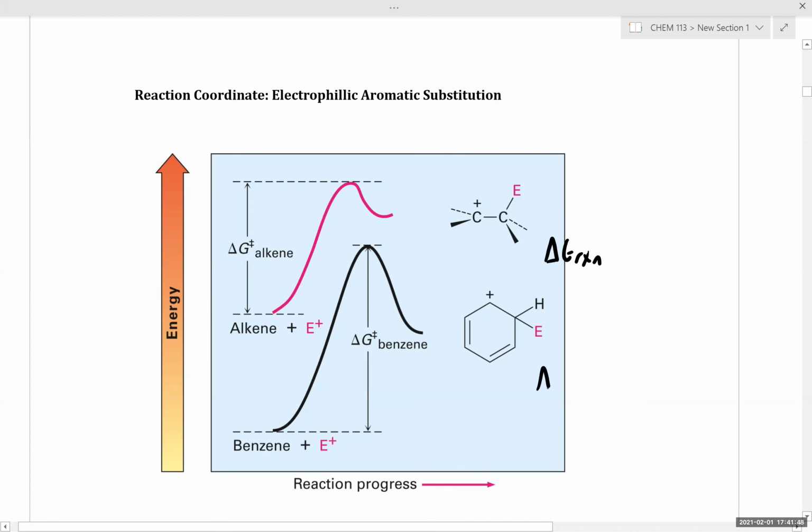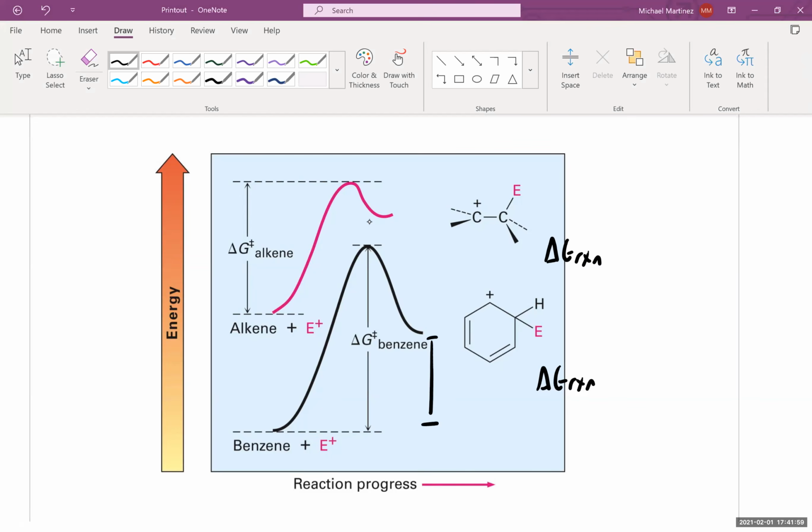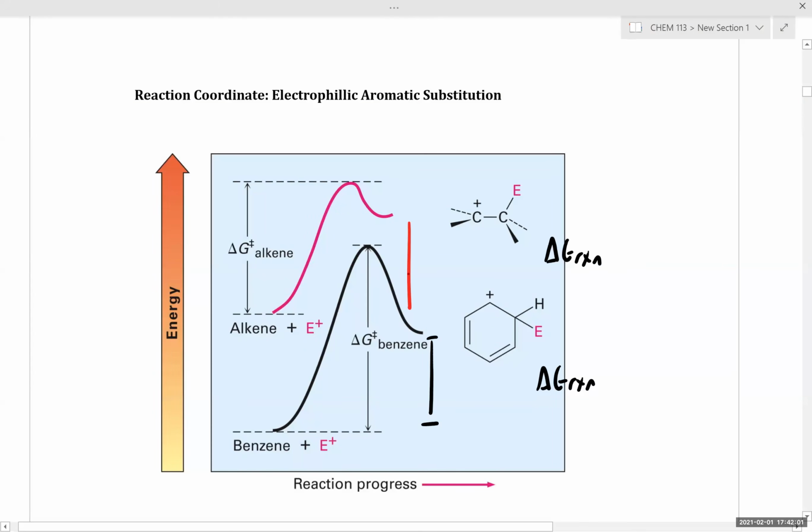First and foremost, if we look at the net change in energy for these two reactions for this first step, is this first step exergonic or endergonic?